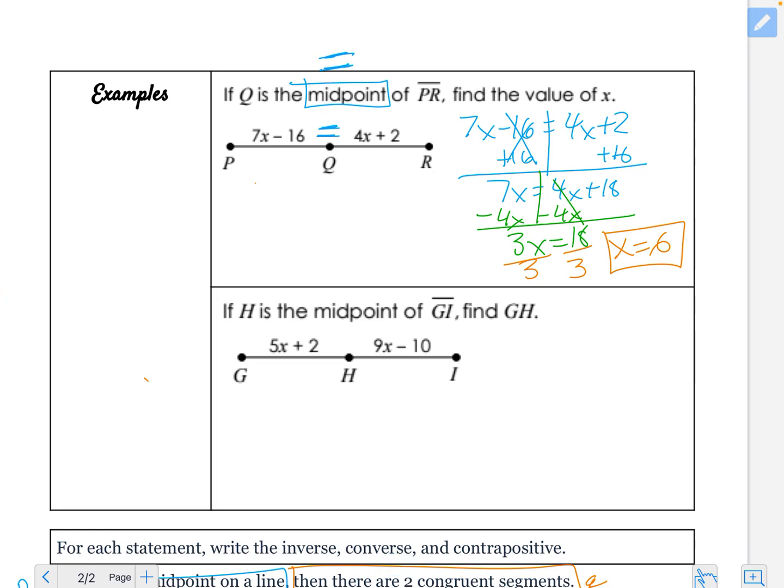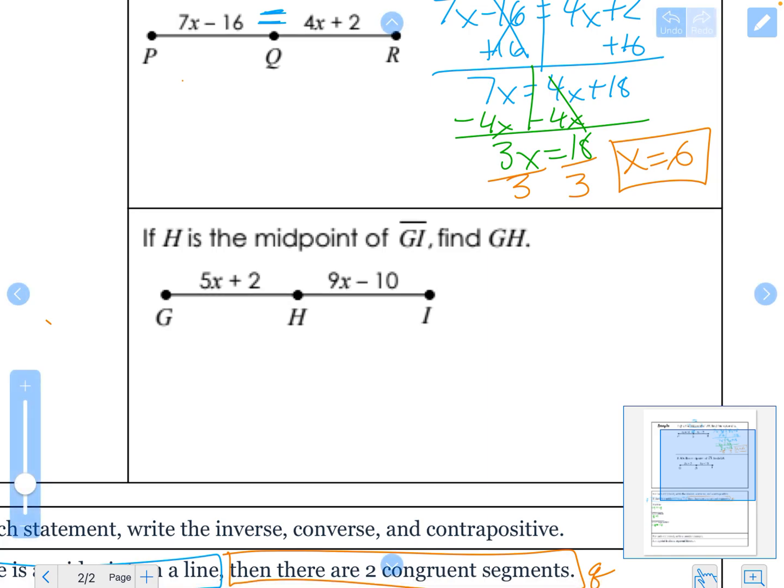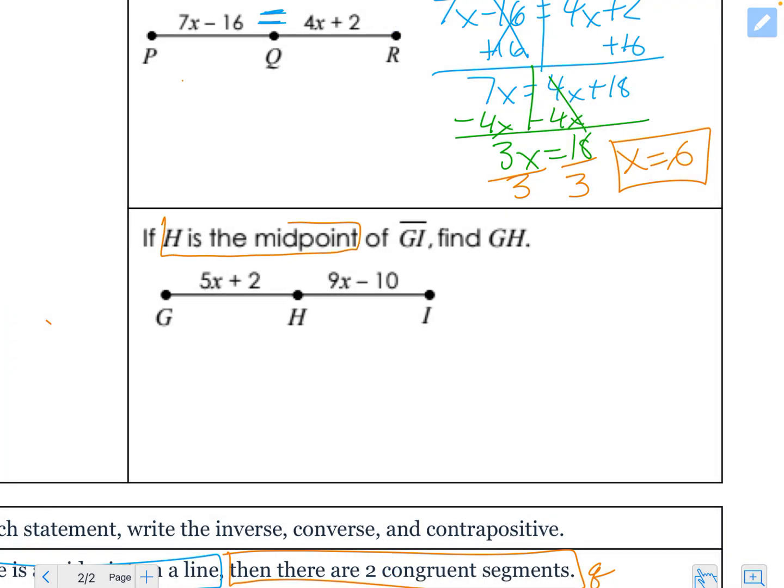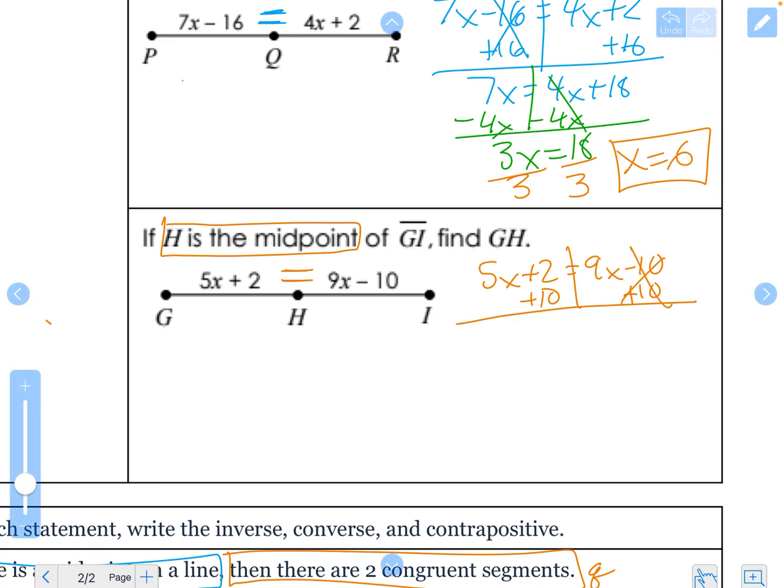And then this is another type of midpoint problem that you might see. Again, as soon as the problem tells me that H is the midpoint, I'm going to find H, and I'm going to draw an equal sign to help me remember how to set up this problem. So 5x plus 2 equals 9x minus 10. I'm going to add 10 to the other side. I'm going to cancel out the 10s.